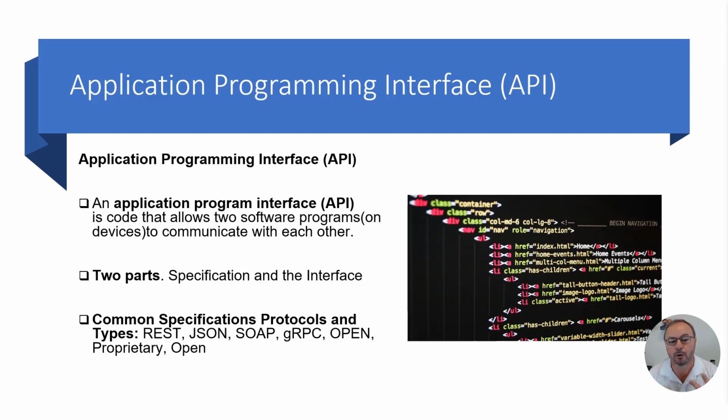Now, there's two parts to an API. We have the specification and the interface. The specification is really going to be more about how we're going to communicate between each other. It's going to also entail like the encryption and items like that. And then the interface is really the software per se that's built to actually interact between the two points.